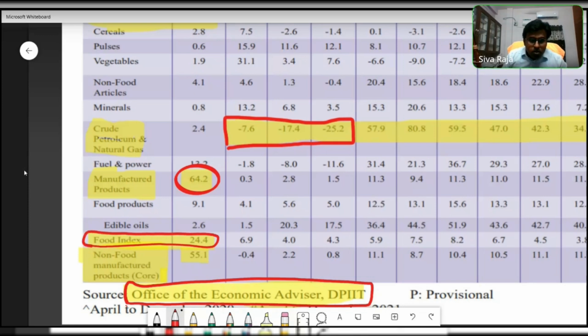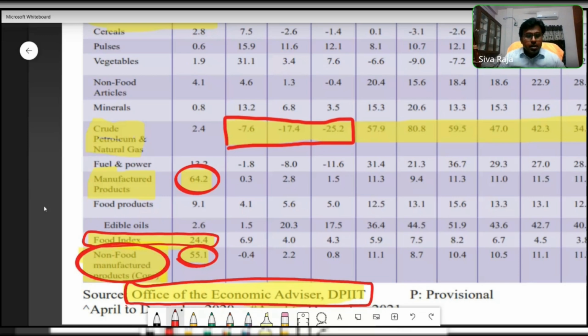See, I have a group of products for marking this wholesale price index. In that, manufacturing products are 65. Food in that is 25, and non-food manufactured products, it is called core. In the 100, it is 55.